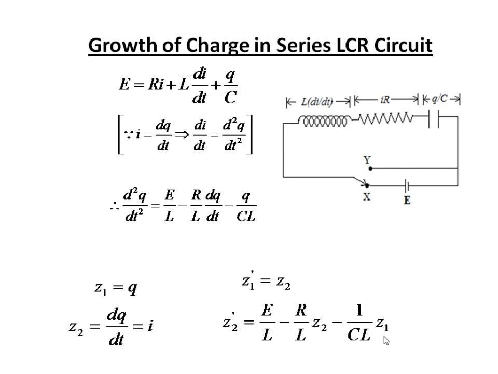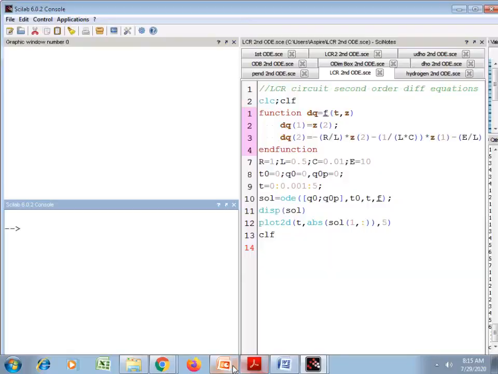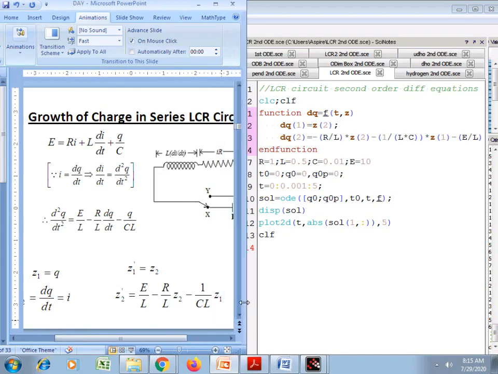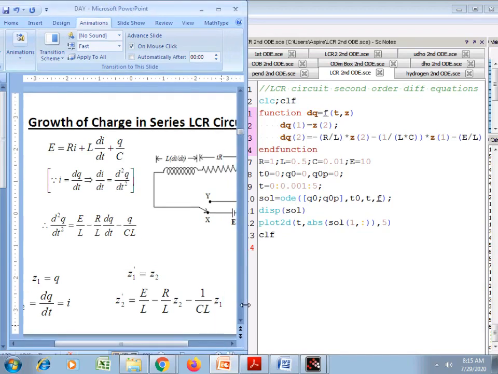Now let's try the same example in Scilab. This is the code I have written to solve the differential equation d2q by dt square is equal to E by L minus R by L times dq by dt minus q by LC.